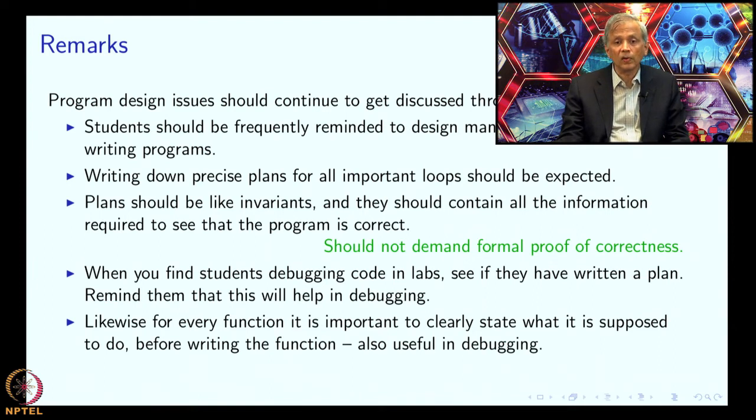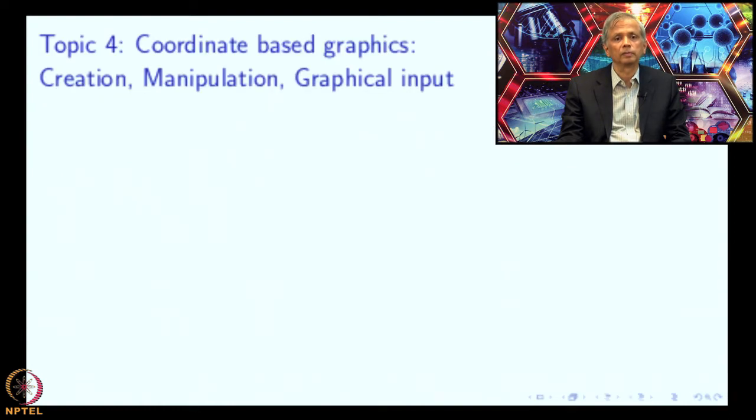So not just for the cases you think are going to get used, but also for other cases. Or at least you could say that, look, in these cases the function is going to return this. For these values, the function may do something funny, but I don't care about these values. So at least upfront, you will be stating that there is something wrong if the function is called with these values. Such statements are going to be very useful in debugging your code.